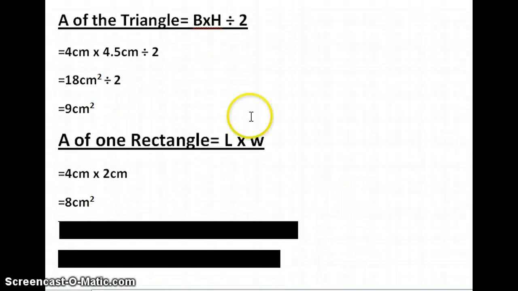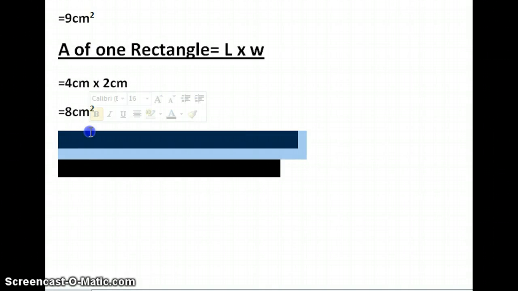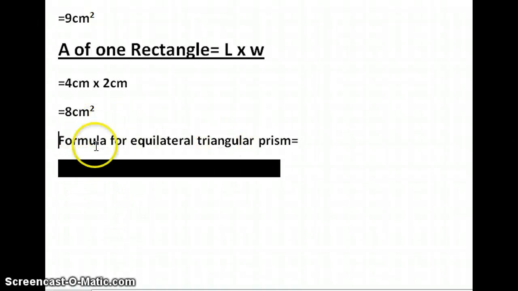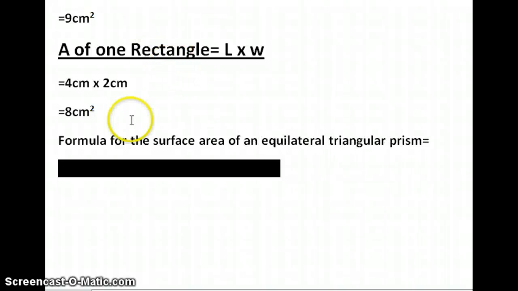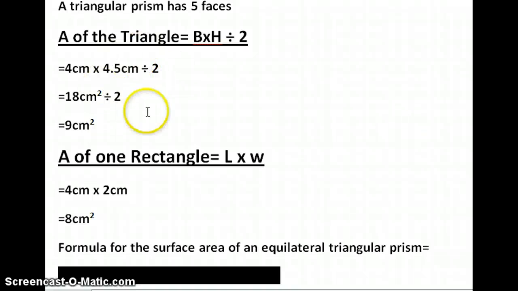Great. So now that we have the area of one triangle and the area of one rectangle, how can we find the total surface area? We're going to make a formula. The formula for the surface area of an equilateral triangular prism: how many of these triangles? 2 of them.